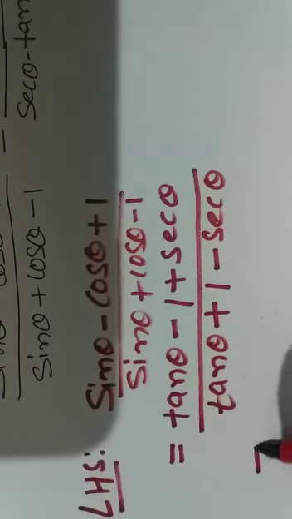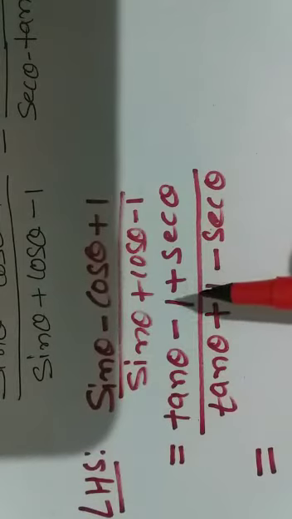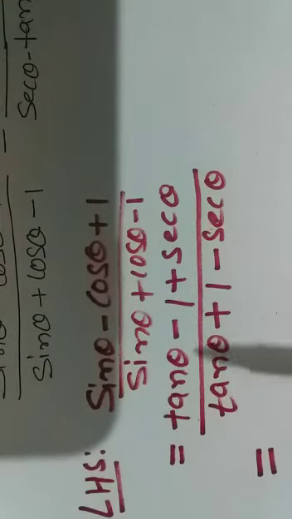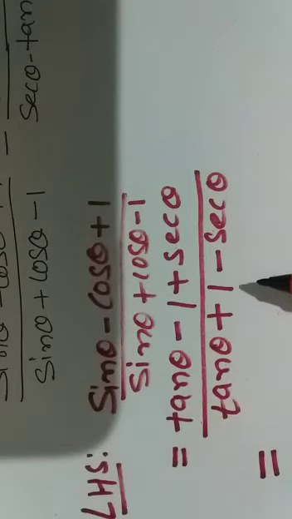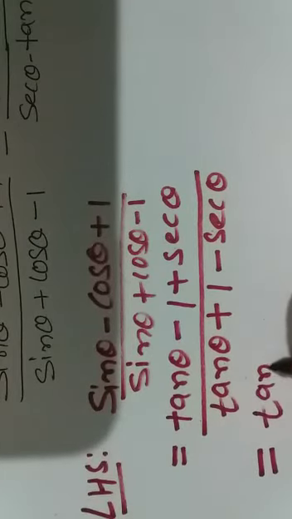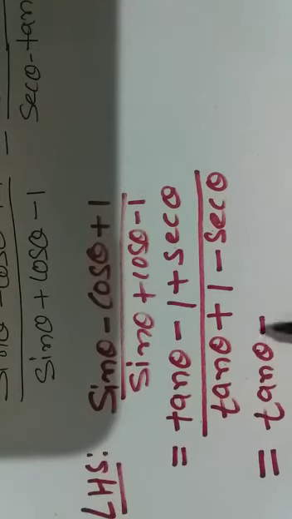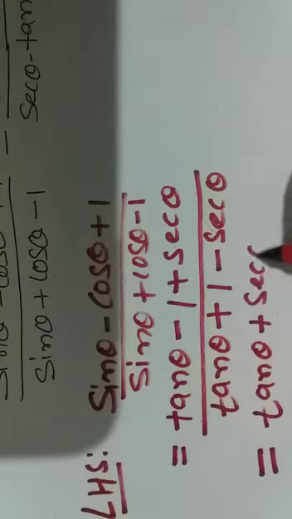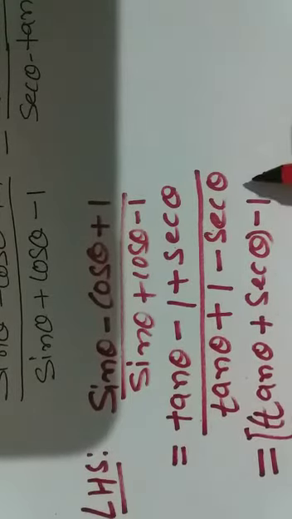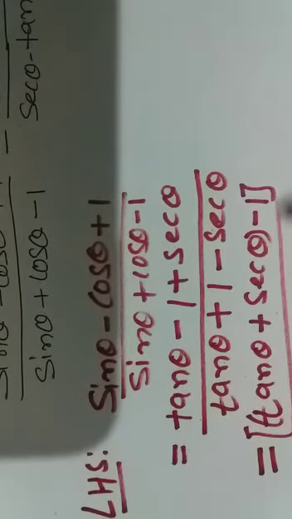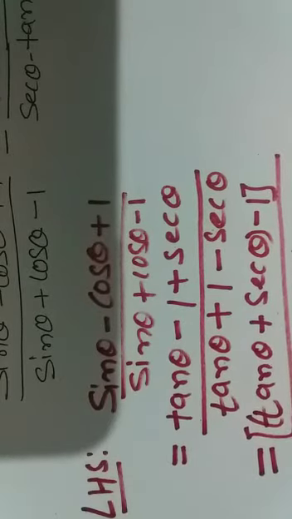Now see here, at the numerator part we want 1, so we arrange in that way so that we will get 1. We don't have to disturb this one. For this what we have to do, we will multiply both numerator and denominator. We can write it in that way: tan theta plus sec theta minus 1, and here tan theta minus sec theta plus 1.